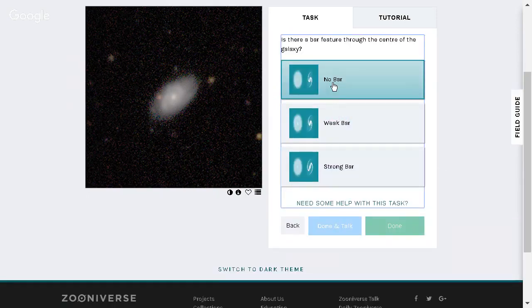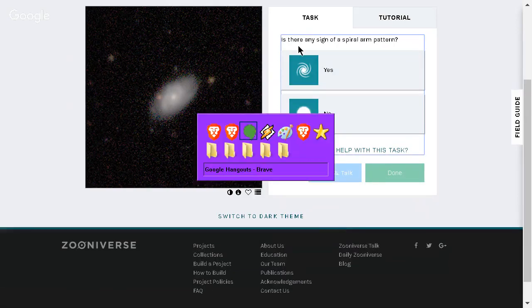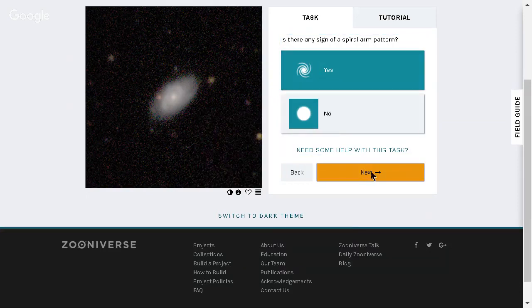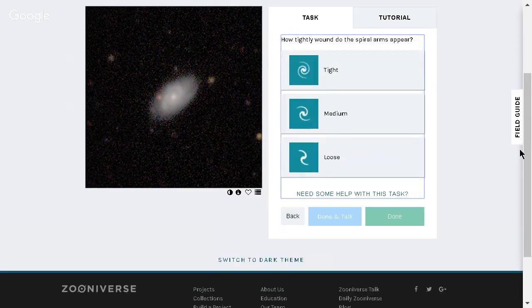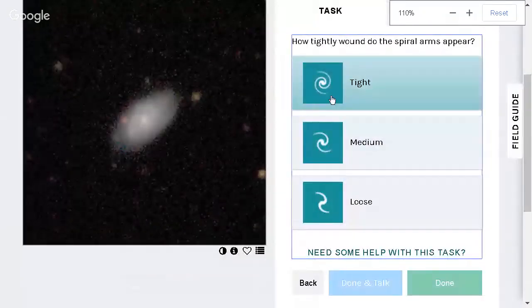I don't think so. Is there any sign of a spiral arm pattern? I'm going to say yes. Those dust lanes do look spiral in shape. You can see some out here, some closer to the nucleus. How tightly wound? Very tightly wound.